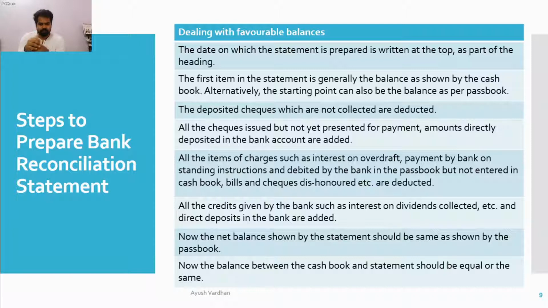How does it happen in the cash book, and how does it happen with the passbook when we do the start. Okay, the deposited checks which are not yet collected are deducted. Means in the favorable conditions, all those checks which are deposited into the bank but not yet collected, okay, means the check has been deposited into your bank, but that has not been credited, that has not been encashed yet, are deducted in your BRC.